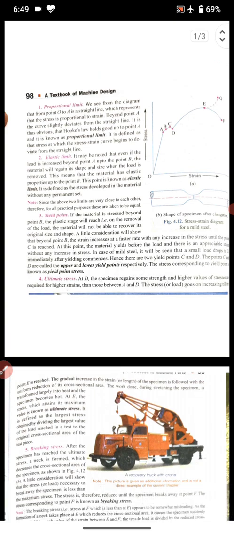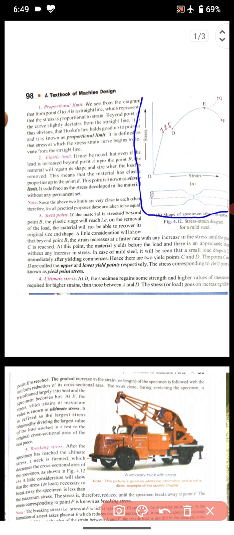Okay, now as we all know, the stress strain curve for the ductile metal is like this, that you are seeing in the diagram on the right hand side.